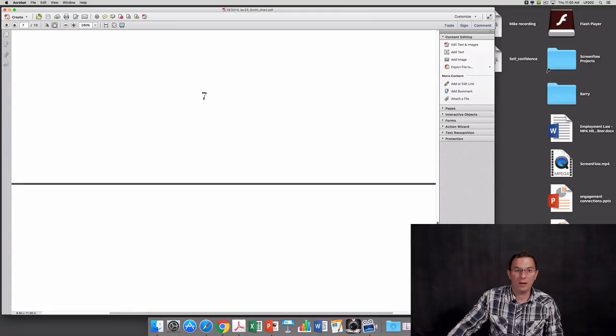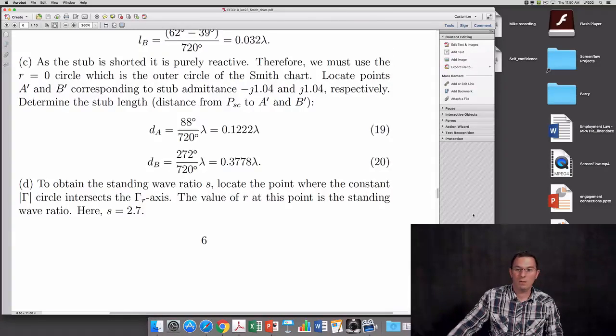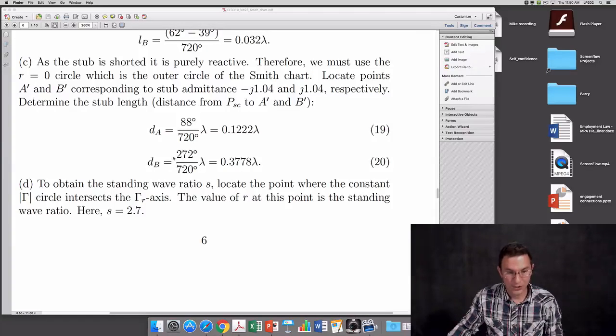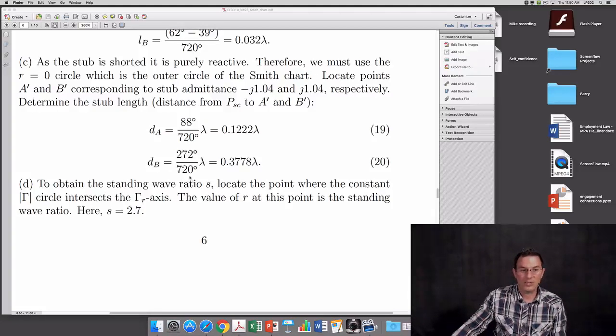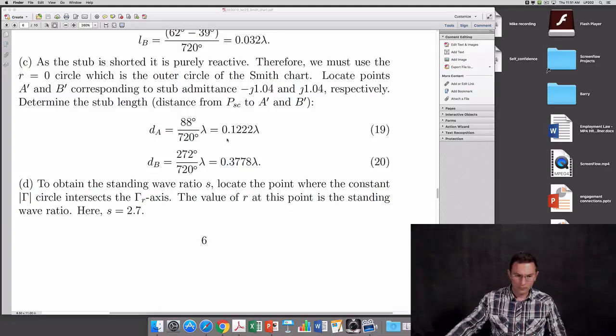So 360 minus 88 will get you this 272 degrees right here. And again, you divide that by 720 degrees, which corresponds to one wavelength, and that gets you the number of wavelengths. So again, to make the match at point A, in this case, you need a shorter stub length than to make the match at point B.